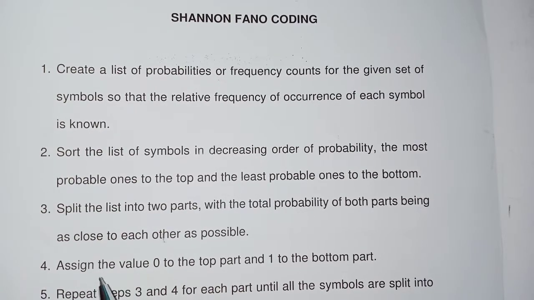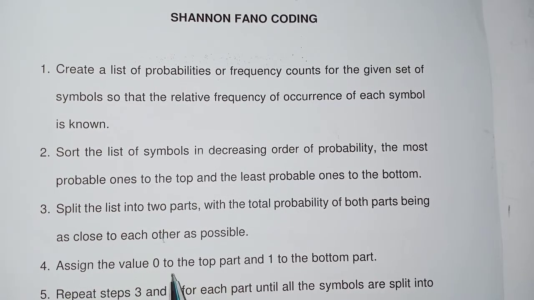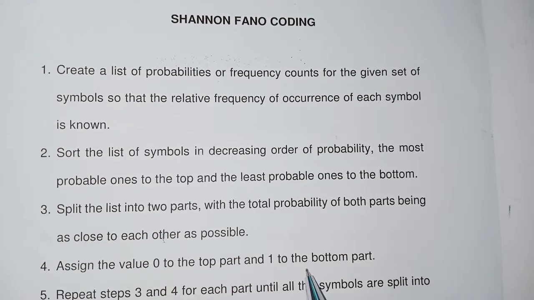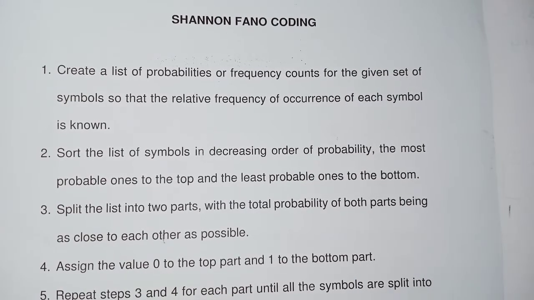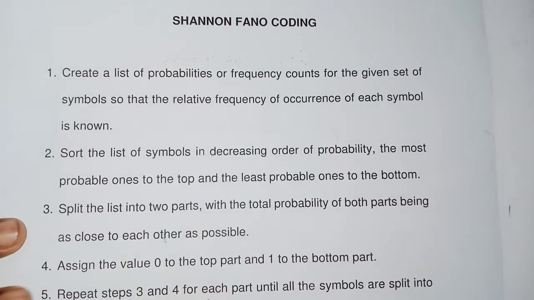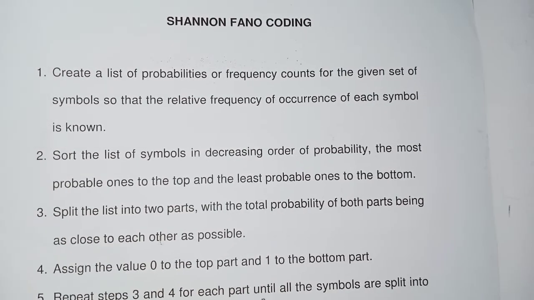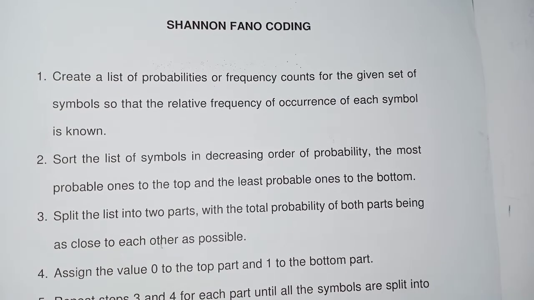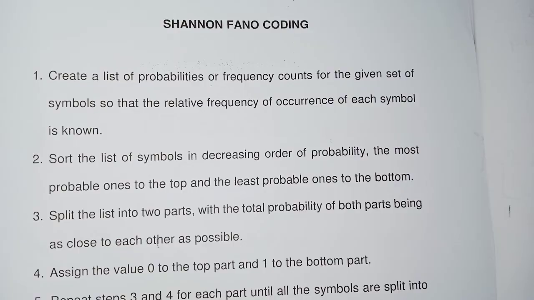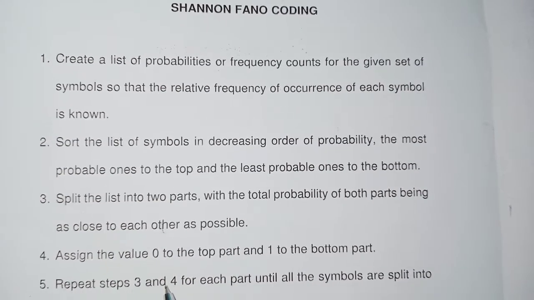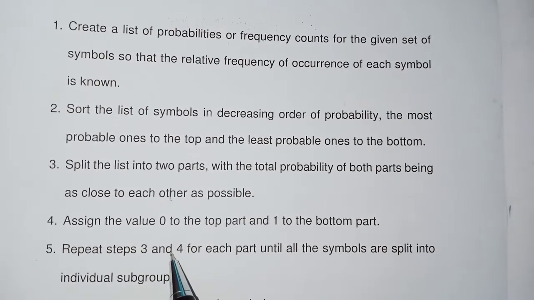Once we do it, assign the value 0 to the top part and 1 to the bottom part. Repeat steps 3 and 4. That is, we're going to split it again and again into equiprobable parts, until we get individual symbols.